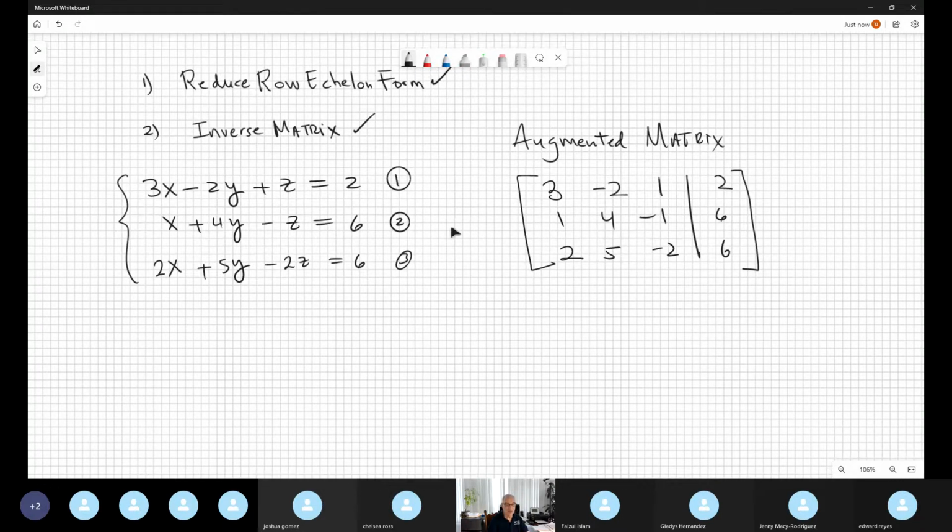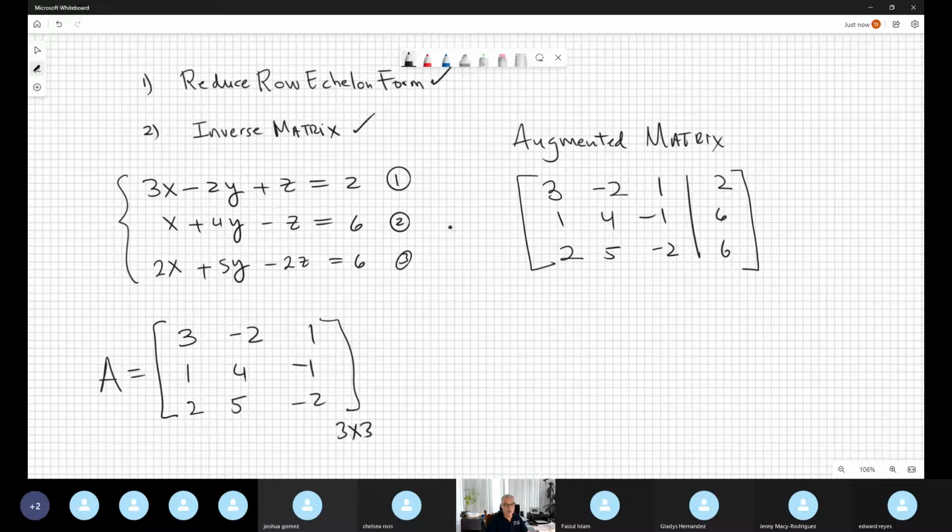Suppose we have one square matrix formed only by the coefficients in front of the variables. Let me call this matrix capital A. Okay, 3 by 3 is square, and maybe it's invertible.